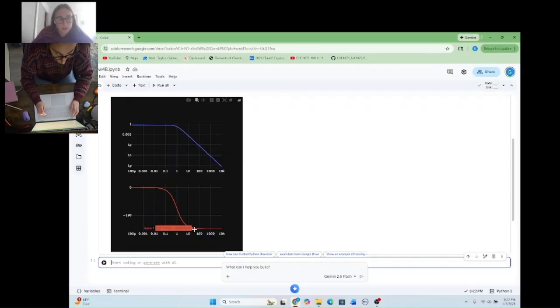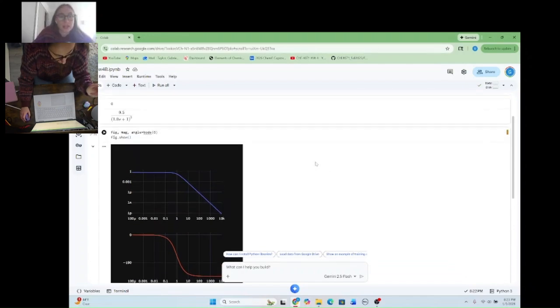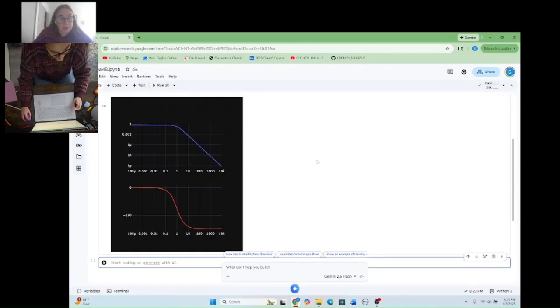The frequency is in radians per time unit, and that time unit is whatever tau's unit is.